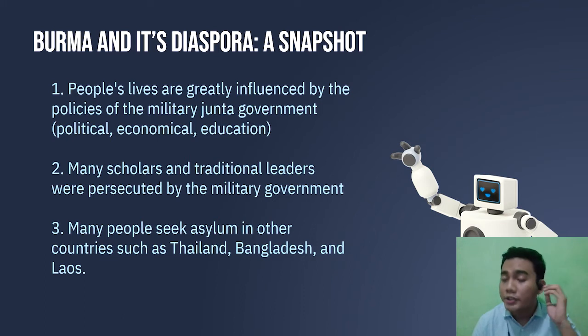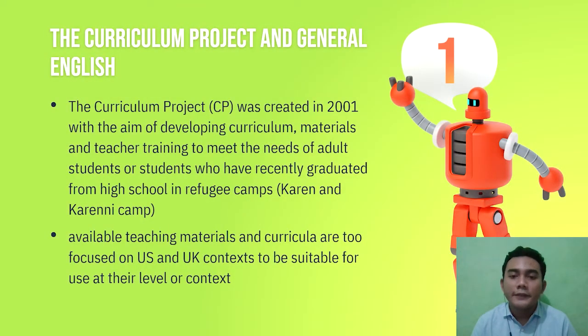Many scholars and traditional leaders there were persecuted by the military government for criticizing them, and many people from Burma sought asylum in other countries such as Thailand, Bangladesh, and Laos, which eventually caused them to stay and form new colonies in refugee camps. During the evacuation there was finally awareness of the importance of creating a new curriculum adapted to their needs.